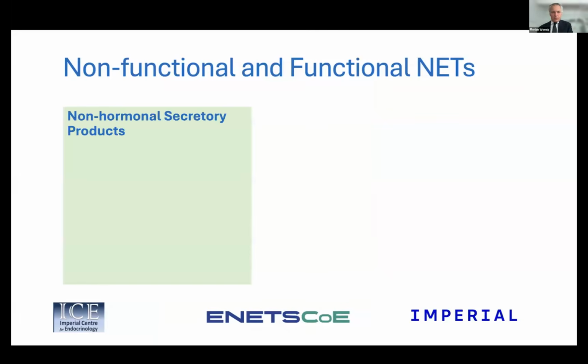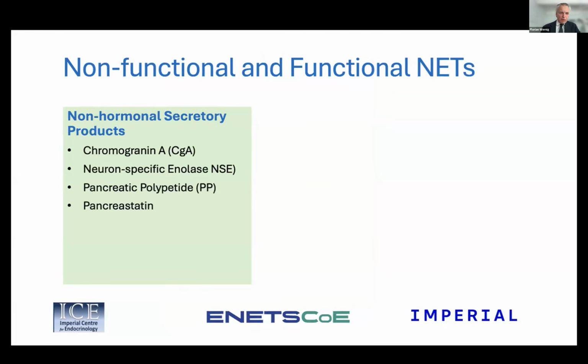If we distinguish between the non-functional and functional neuroendocrine tumors, the non-functional tumors produce non-hormonal secretory products such as chromogranin A, neuron-specific enolase, pancreatic polypeptide, pancreastatin, or novel circulating biomarkers, the so-called NET test, which is a multi-transcript molecular assay that measures the expression of various genes, about 51 genes associated with neuroendocrine tumor activity, but it's not very widely available.